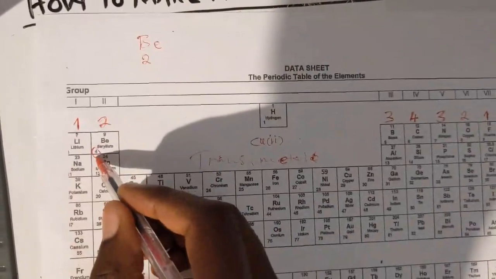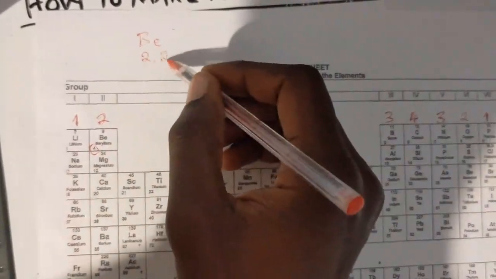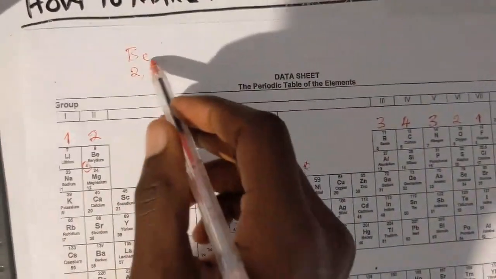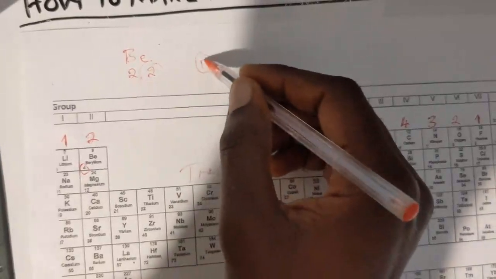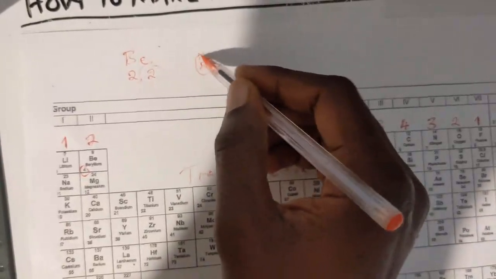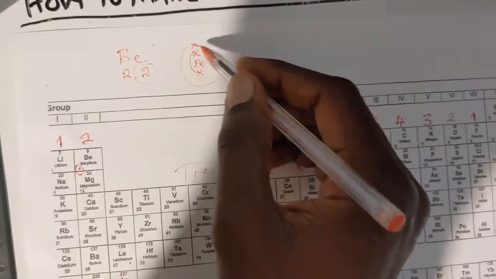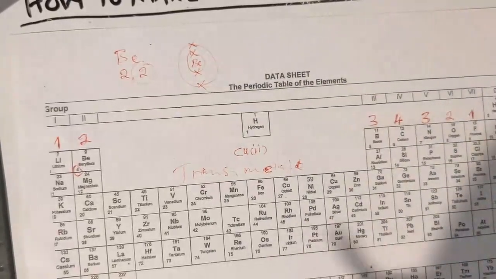So now there is 4 here. How many left? We have 2. Okay, so that is what you need to know. This is in the last shell. If you were to draw this, you say beryllium like that, 1, 2, then 1, 2 like that. Okay, so that is how you do it.